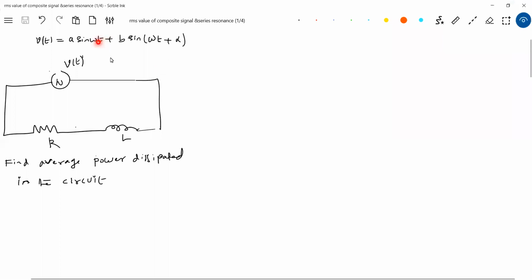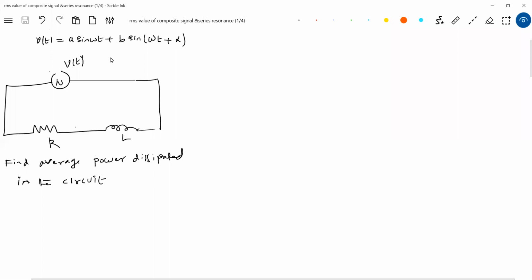We were not aware of how to find the phase angle of the signal. The total signal has to be replaced now by a VRMS, and it will have some phase also.